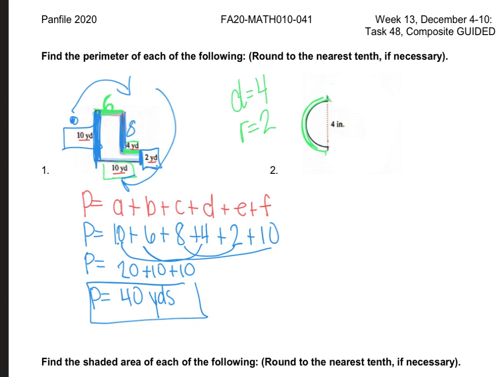Now, if we look at the rest of this, I know that this one is the same, as is this one, as is this one, because they all have this 4. The 4 from the top hops down, the 4 from the right hops to the left. So all 4 of these half circles are the same. Well, if I have 4 half circles, I have 4 halves of my circle.